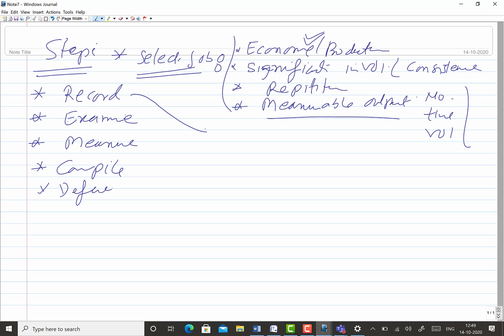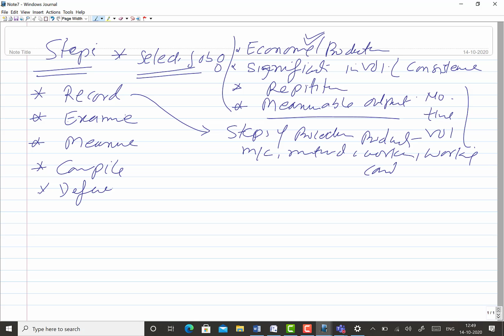Next is record. Here recording is simple. Recording in work measurement is just noting down all the steps of the procedure which will be used for production purposes. Okay, so record the different steps. Number one, record the machines or methods, the workers who will be doing the job, and the working conditions that can affect the time being taken by the worker.